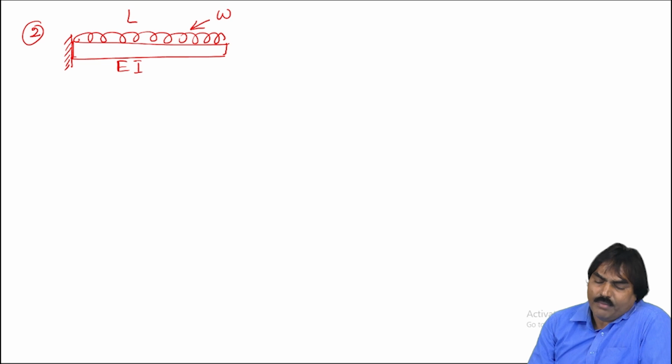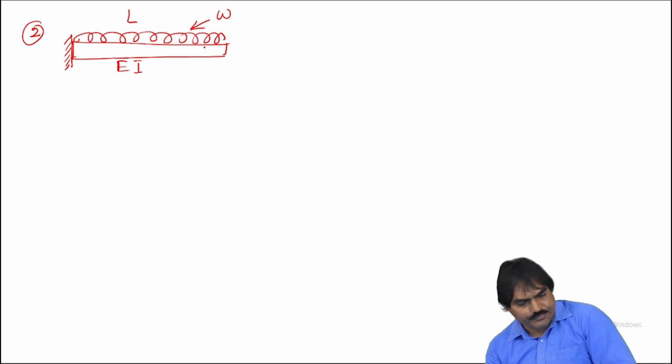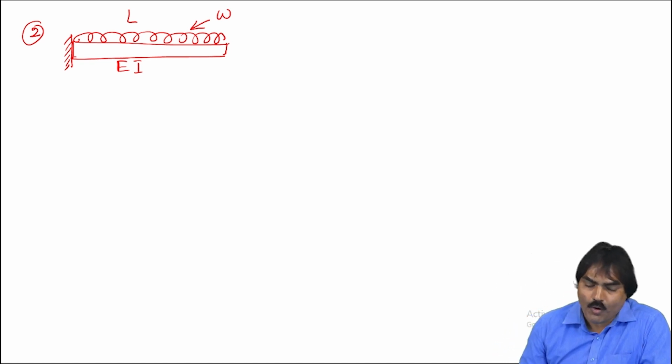The question is, find the maximum deflection. We know maximum deflection occurs at the free end of the structure. But since this is a UDL, there is no point load.